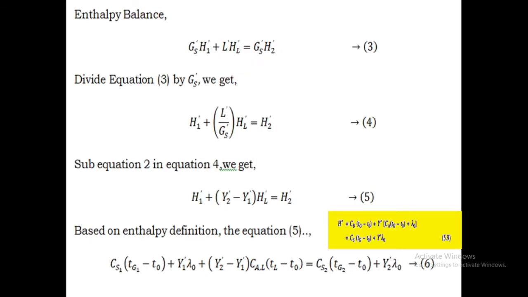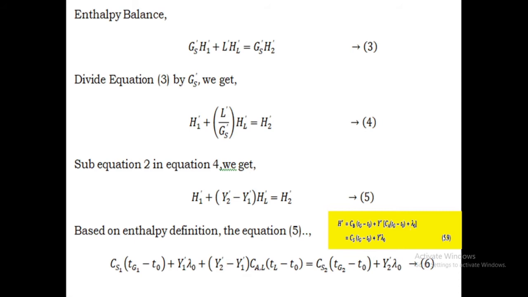As per the diagram, two streams are entering, one stream is leaving. Enthalpy balance over the diagram: Gs' H1' plus L' HL' is equal to Gs' H2'. So this is the third expression.